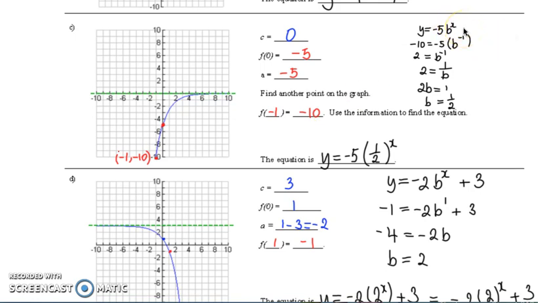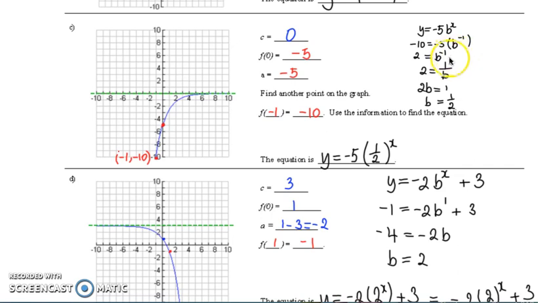So substituting all the given numbers, y is equal to -5, from a, times b to the power of x plus c, which is 0. So we have this form. Substitute -10 as y, -1 as x. Divide both sides of the equation by -5.